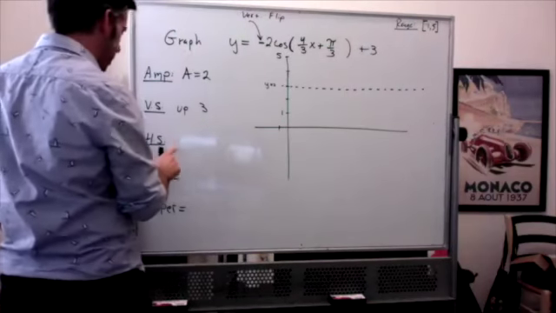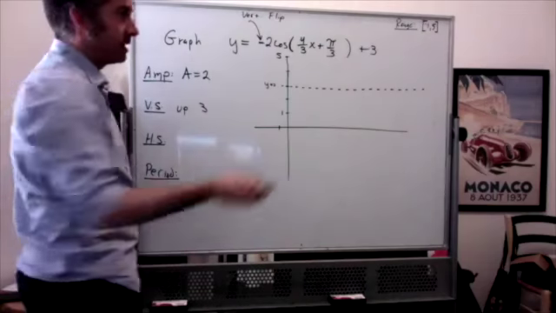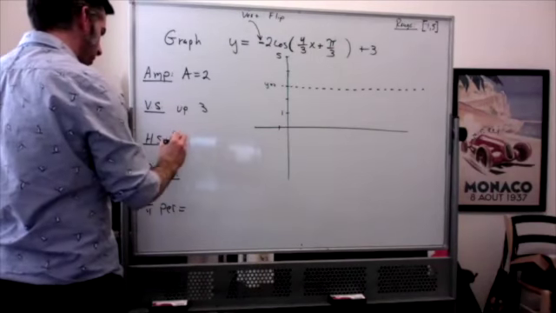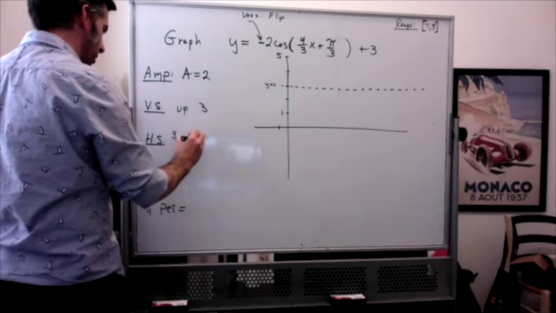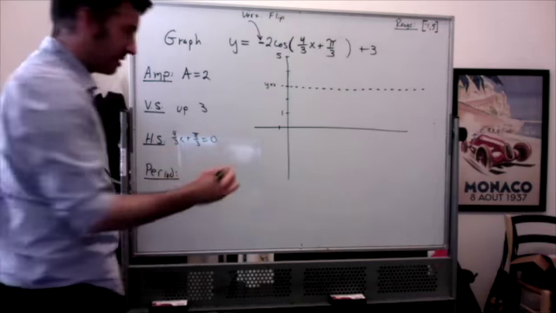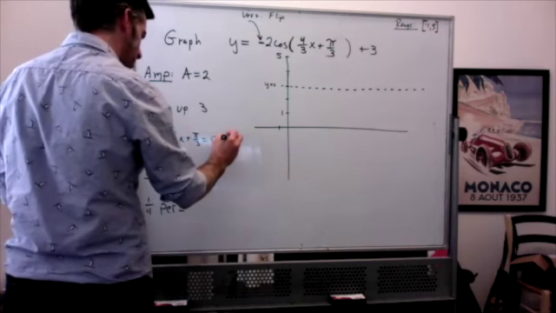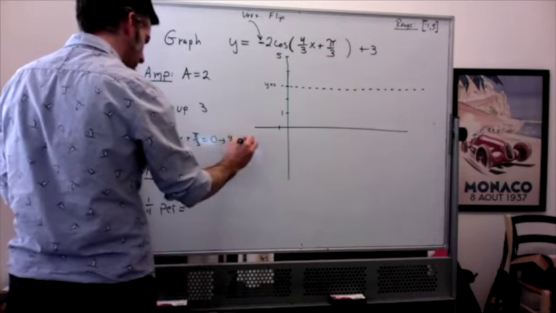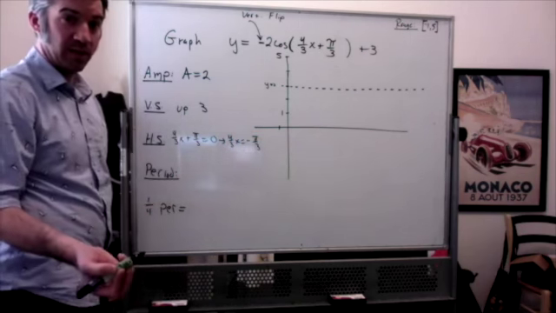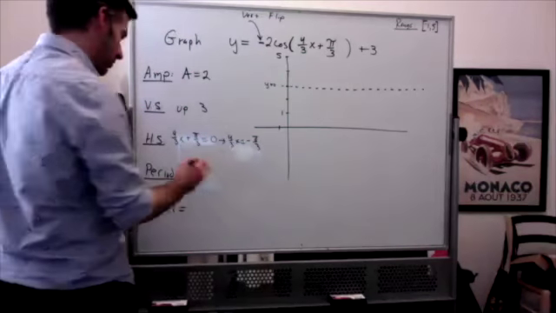Our horizontal shift, we're going to find by setting the insides equal to 0. So it's going to be 4/3 x plus pi over 3 equals 0. I'm going to isolate x. So I'm going to get 4/3 x equals negative pi over 3. And then we're going to multiply both sides by the reciprocal of 4/3, which is 3/4.